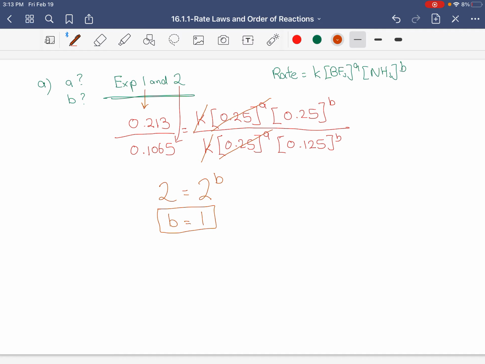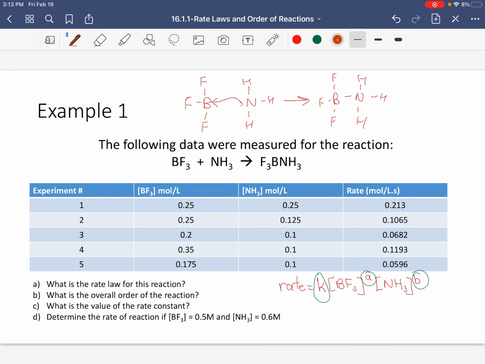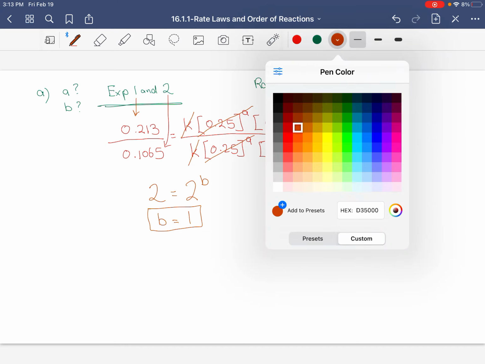Next, let's find A. To do that, we need to select 2 experiments where NH3 is going to be kept constant. Because if you see right here in this one, we kept BF3 constant. By keeping these constant, they scratch out. Now we want to keep NH3 constant, so that way these scratch out. So let's do that right now. Let's use another color.